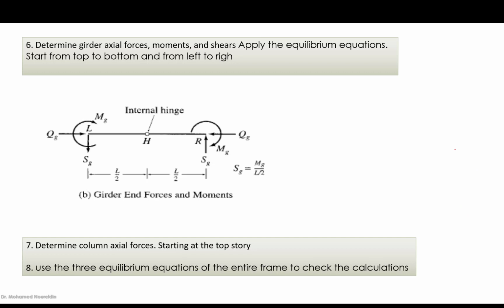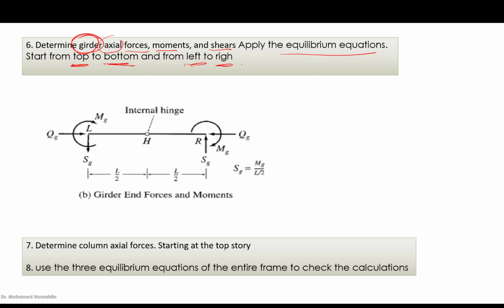After that, step number 6, determine the girder axial forces, moments, and shears, and apply the equilibrium equations. Start from the top to the bottom of the frame and from the left to the right. Remember that very well, and you are going to see it during our analysis and our example.